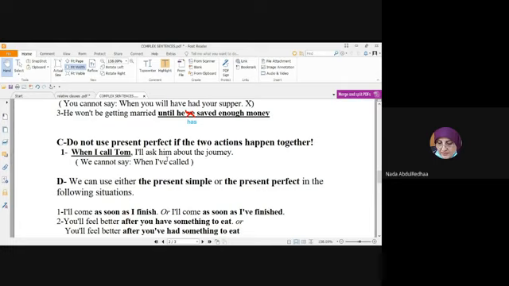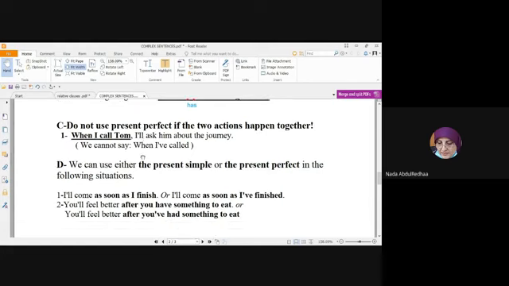So when I call Tom, I will ask him about the journey, and I cannot say when I've called Tom. Why? Because these two actions are going to happen together at the same time: calling and asking.